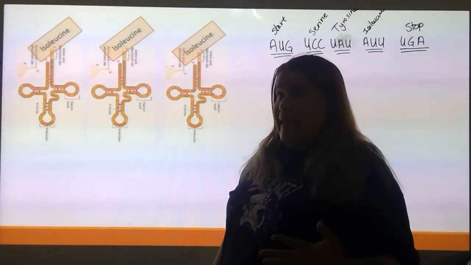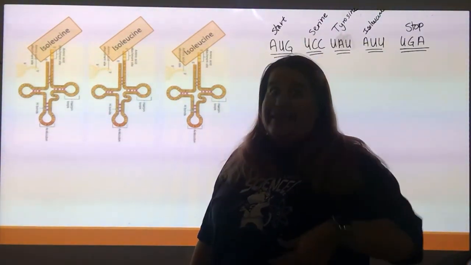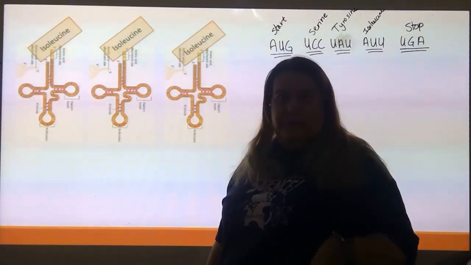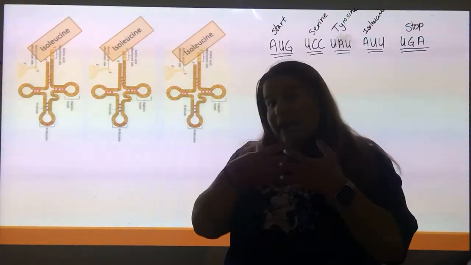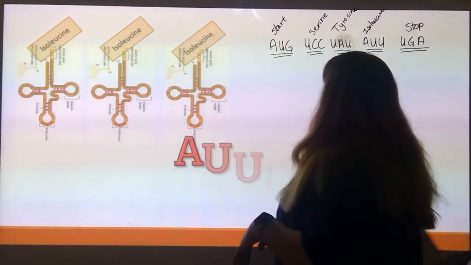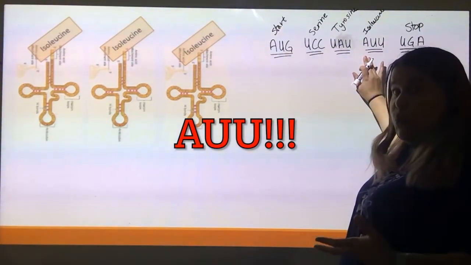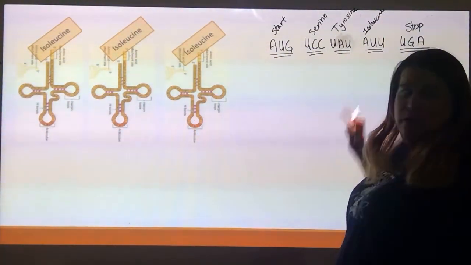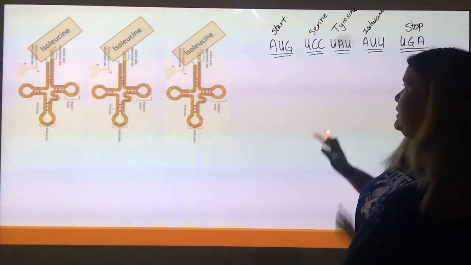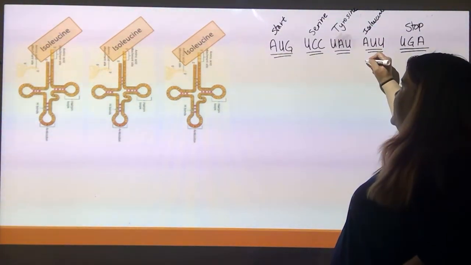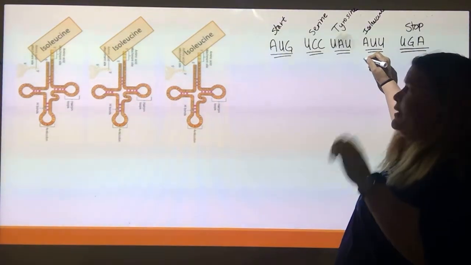Now, why do they call it the anticodon? Because it's not the exact same code as what you find in the mRNA. It has to be its matching partner. So for AUU, which is one of the codes for isoleucine, I would need a complement.